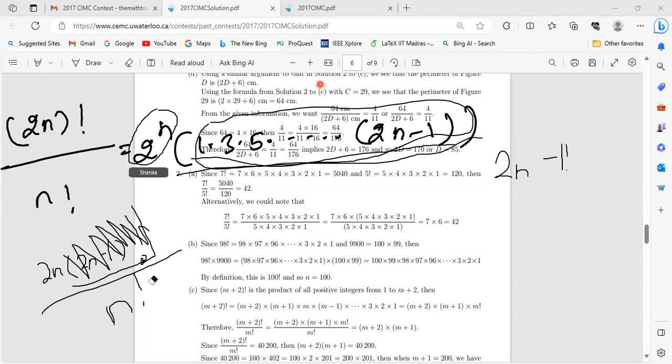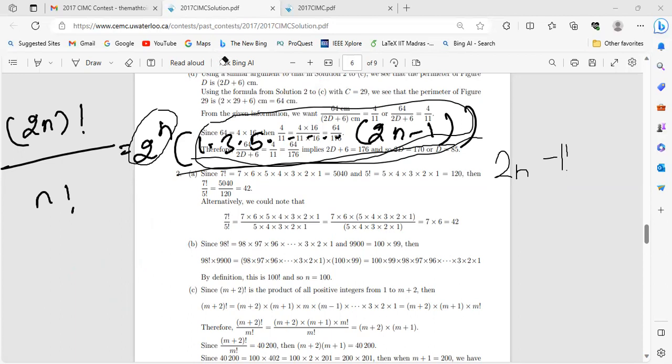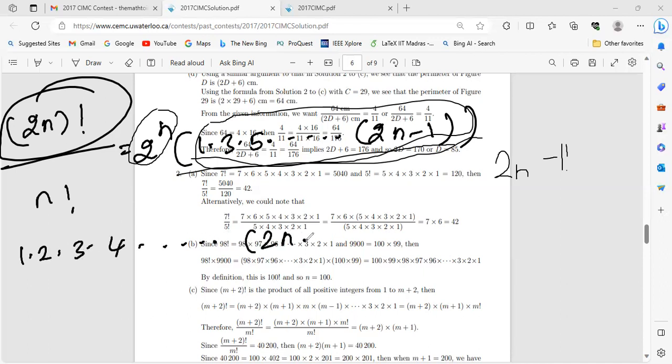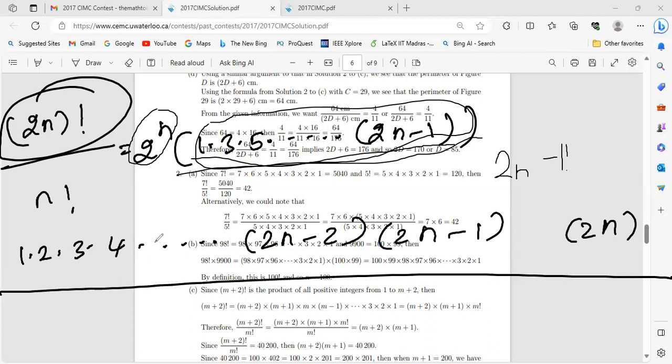Actually, you can change your left hand side, because you can express 2n factorial as 2n times 2n minus 1 as well. If you take the left hand side, you can write the numerator as 1 times 2 times 3 times 4, going up to 2n minus 2, 2n minus 1, and 2n, over n factorial. Let's keep n factorial as it is.